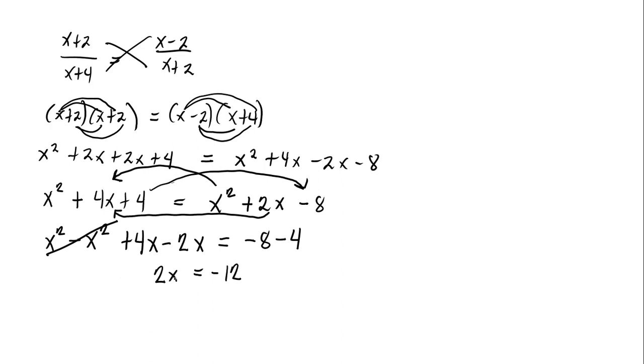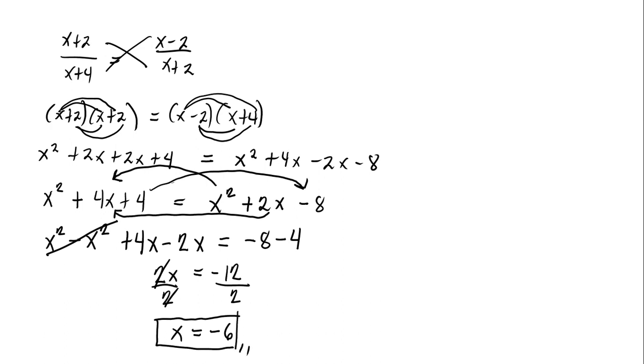And then since the value of the leading coefficient of our variable is greater than 1, then we will divide both sides by the leading coefficient, which is 2. Cancel, cancel. So x will be equal to negative 12 divided by 2. We have negative 6.